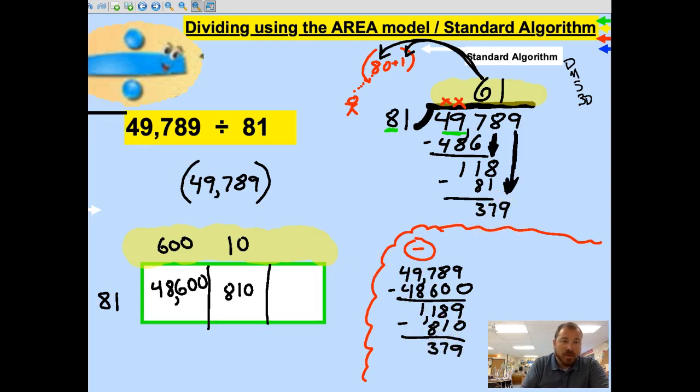We'll do one more division step. 8 goes into 37. Again, we're just looking at that front end. How many times without going over? It goes in 4 times, because 4 times 80 is 320, and 4 times 1 is 4.